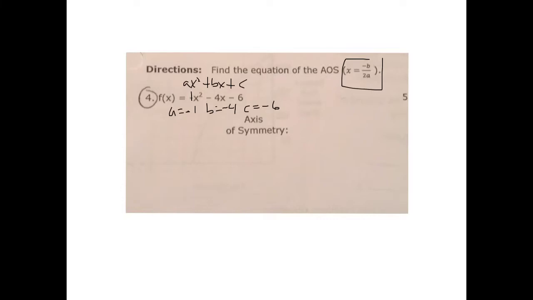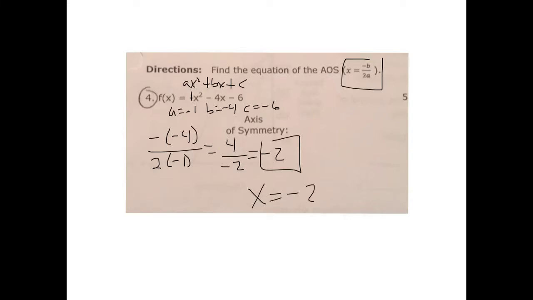For now, we don't really use c, but we will later on in the year. So we do the negative of negative 4, because that's our b, over 2 times negative 1. The negative of negative 4 is positive 4, and 2 times negative 1 is negative 2, and 4 divided by negative 2 is negative 2. So our axis of symmetry is x equals negative 2.